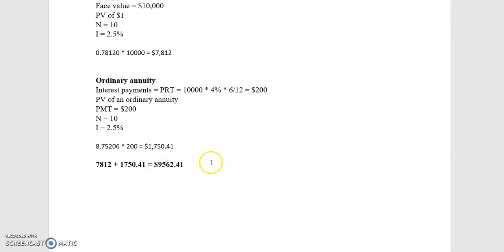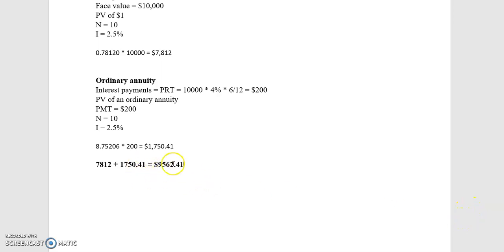Now, if you're comfortable with this, stop here, but if you do want a little bit of a deeper understanding, if we took this $9,562.41 and we put it in a spreadsheet and we calculated the interest at 5% per year for 6 months and then took out $200 and then did it for another 6 months and then took out $200 and then did it for another 6 months and took out $200.